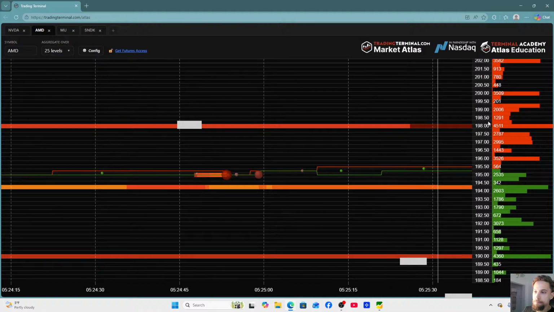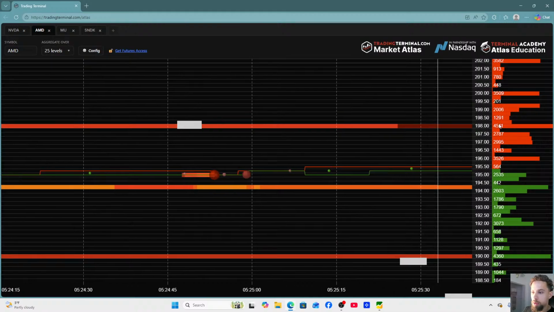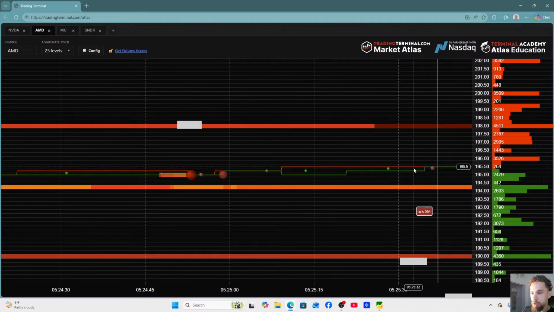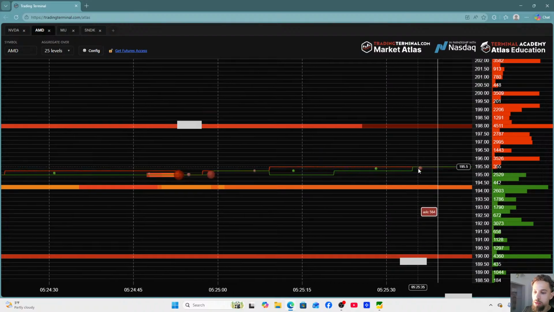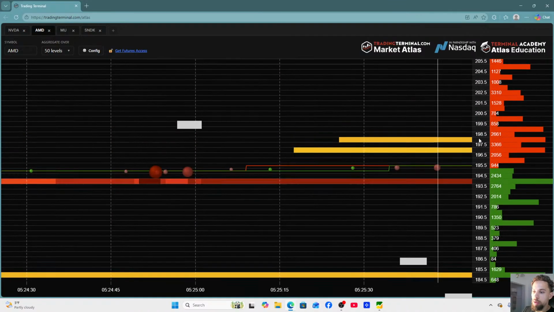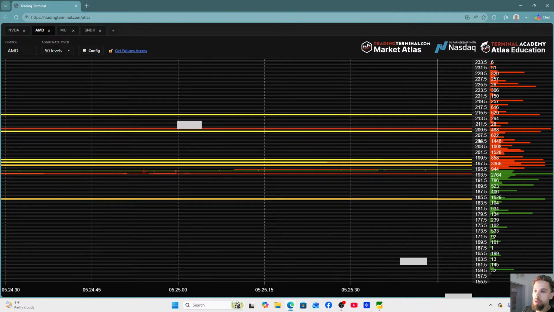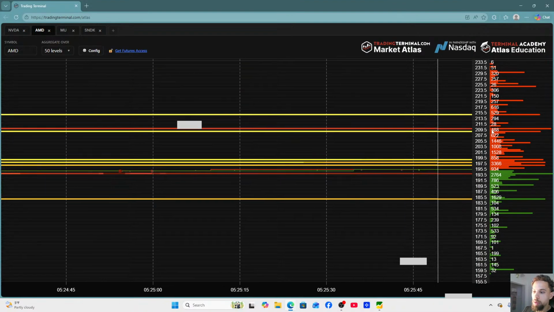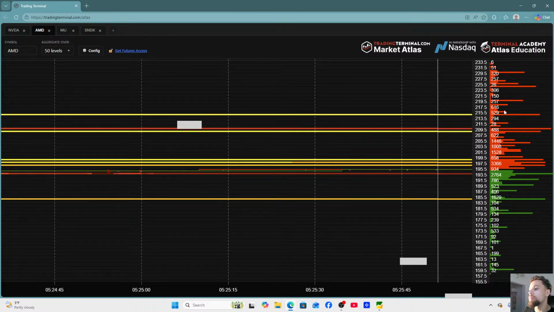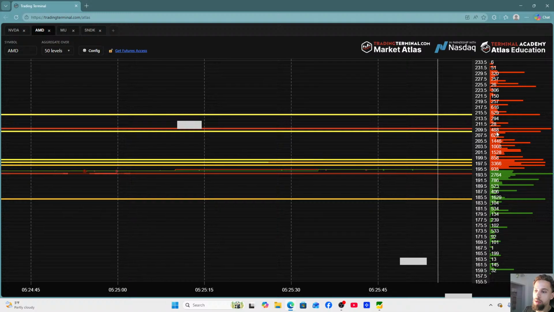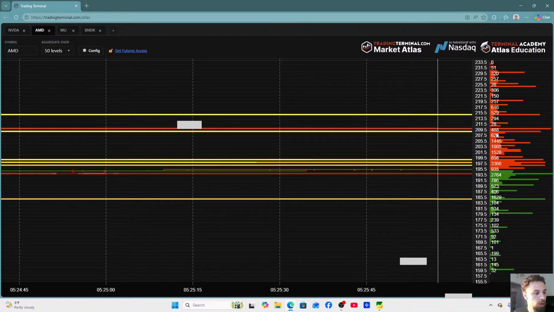So if we look at this here, this is price. Current price right now is 195. Nothing going on right now, it's pre-market, but if you zoom out on this, the range gets much bigger, and these bars over here show you where limit orders are, or where orders are waiting to get filled.